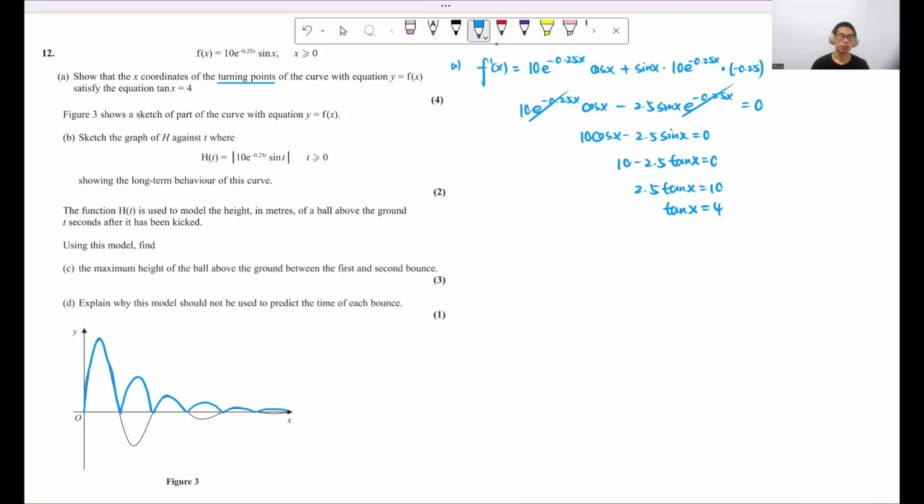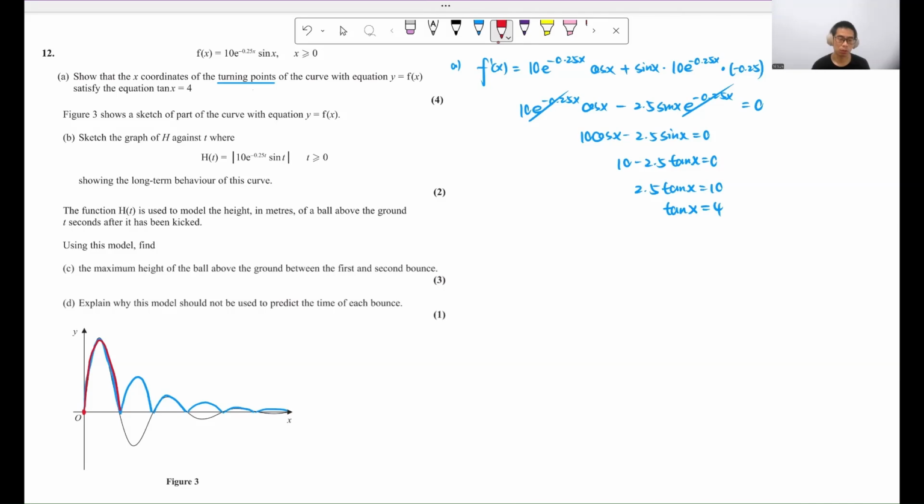And then the function h(t) is used to model the height in meters of a ball above the ground t seconds after it has been kicked. Using this model, find the maximum height of the ball above the ground between the first and the second bounce. When the ball is kicked, it goes up and comes down.